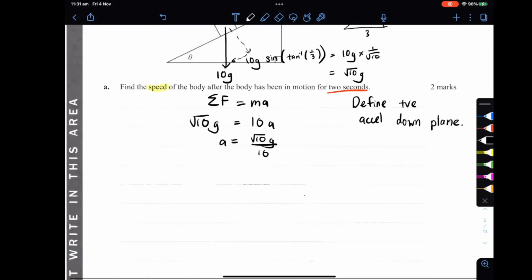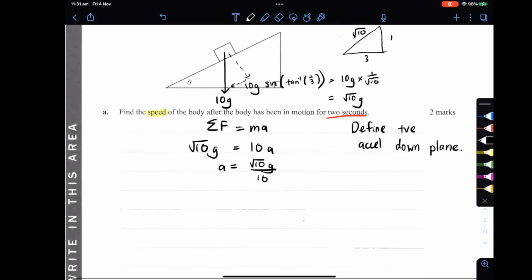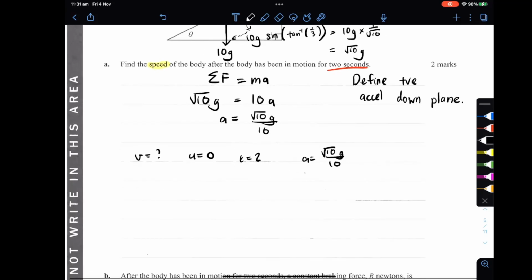Okay, so if we want to find the speed, we can use suvat. So we're given time, given acceleration, and we know what the initial velocity is because we're told it's initially at rest. So we want to find v, we know that u is 0, we know that t is 2, and we know that acceleration is root 10g on 10. So we can use v is equal to u plus at.